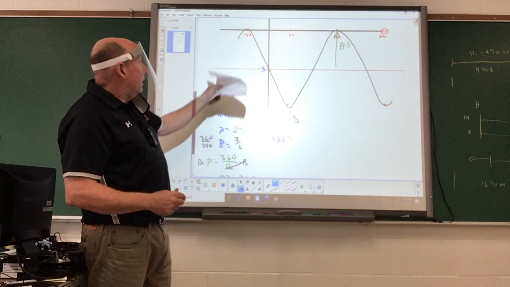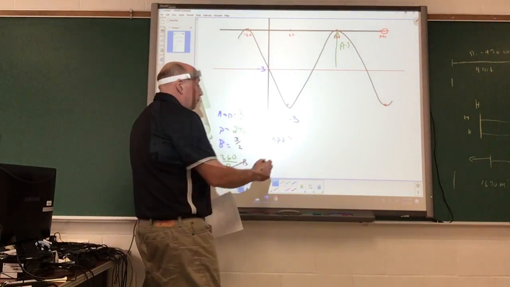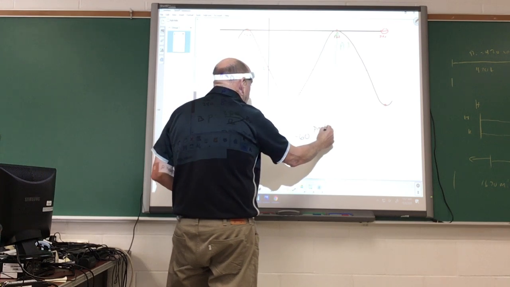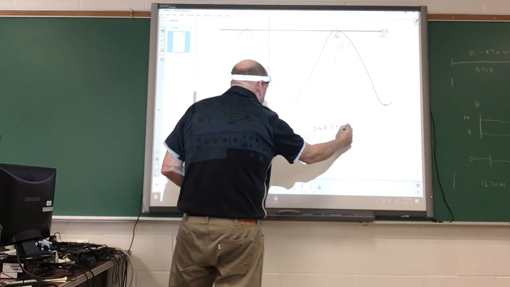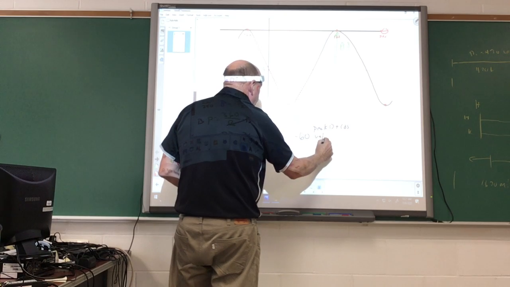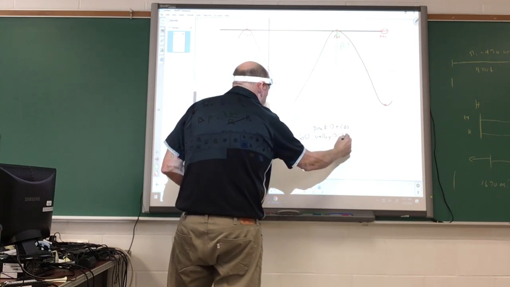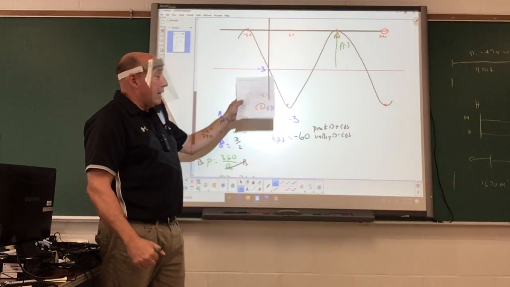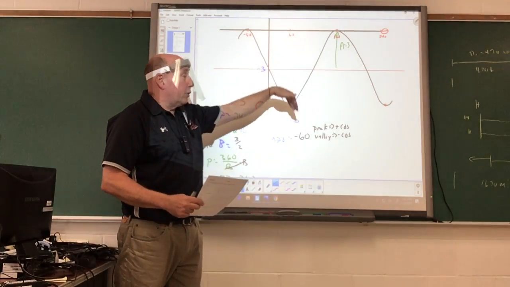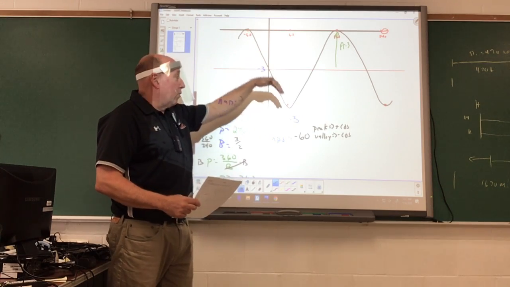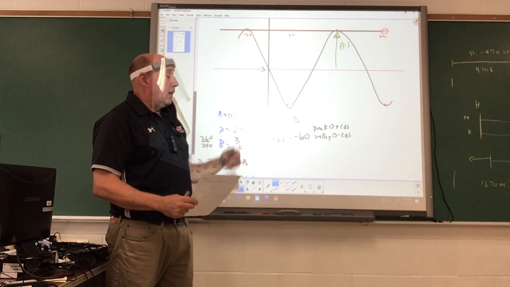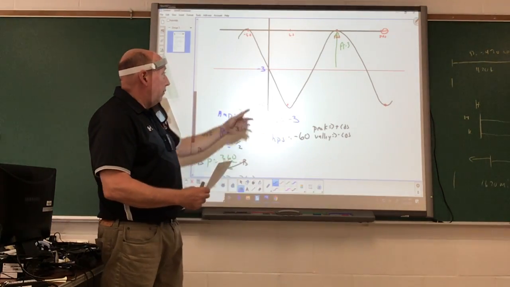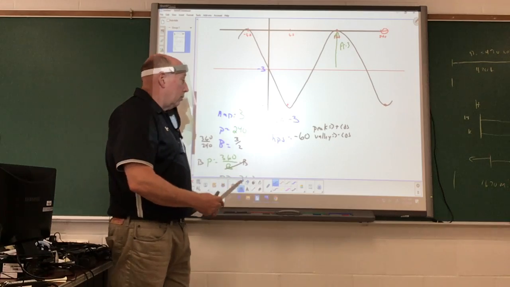So if we take the peak at -60, when we're at a peak, positive cosine. When we're at a valley, it's a negative cosine. When you have a sine curve, you just have to watch which direction you're going. Am I going up first and back down, or down and back up? That's why it's always easier just to pick a cosine to me. But if you use this value here, that's fine also.